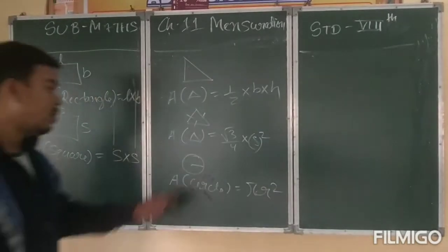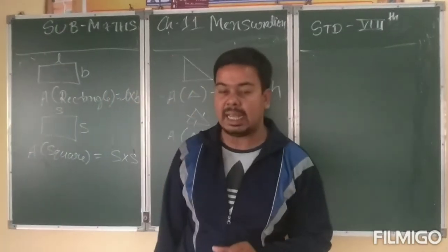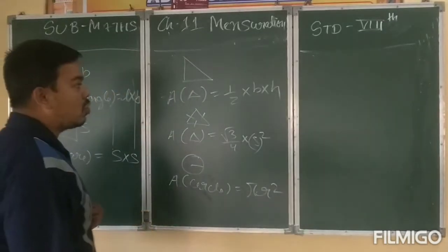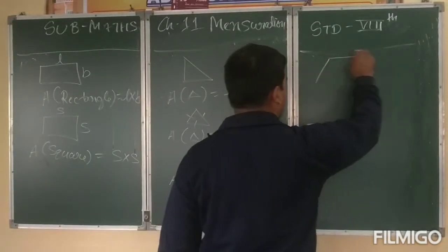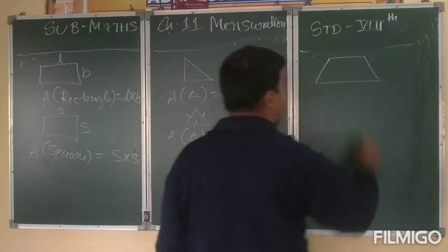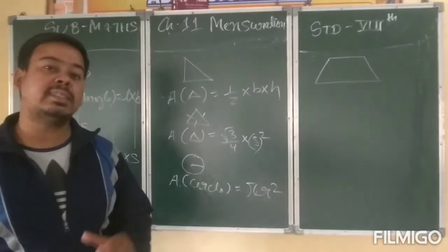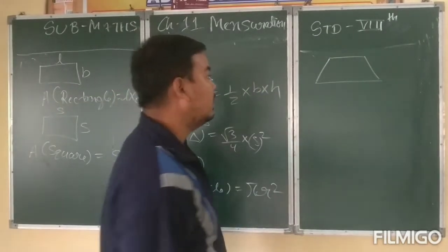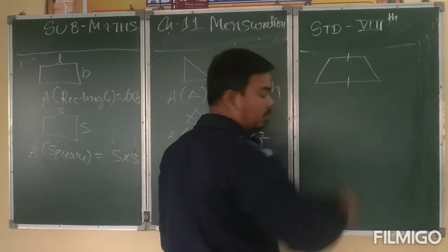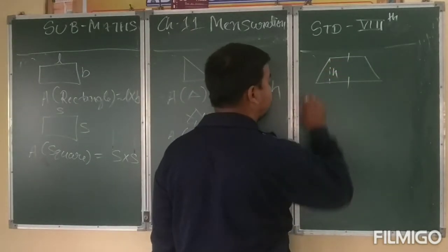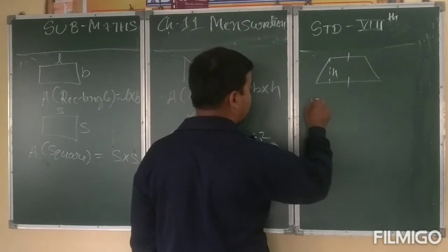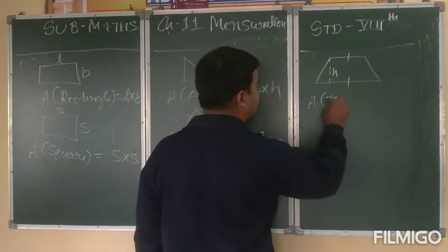Now in this section, we have to study two new plane figures. One is the trapezium, which we already studied in chapter number 3. Two sides are parallel, and this is the height. The area of a trapezium: suppose ABCD, AB is parallel to CD, so these two are the parallel sides.